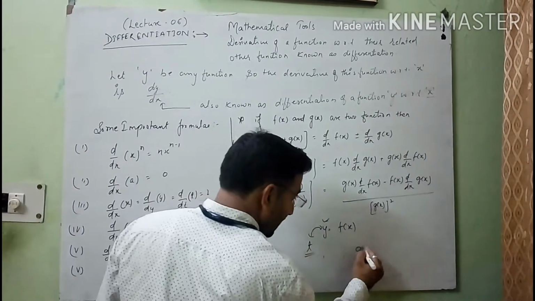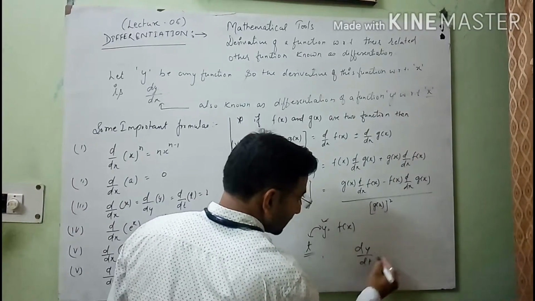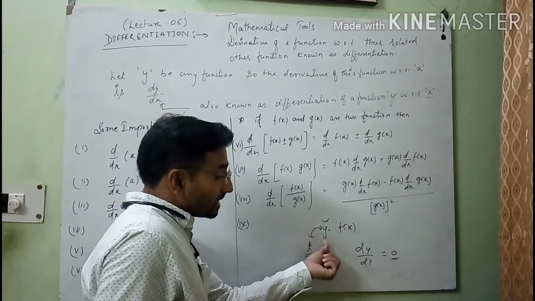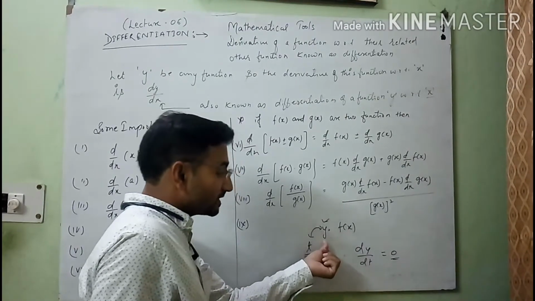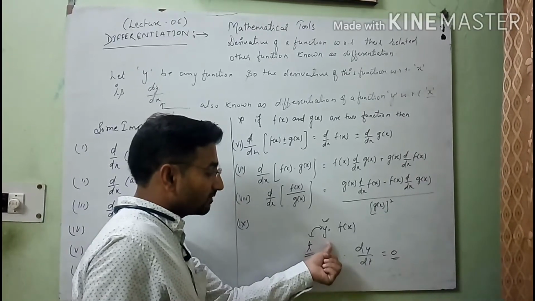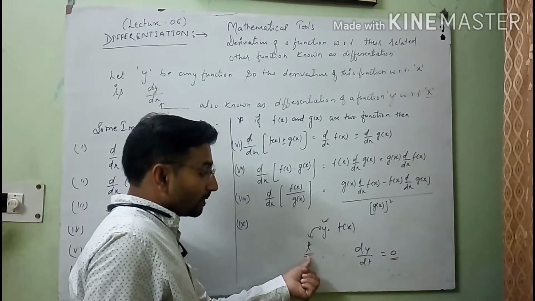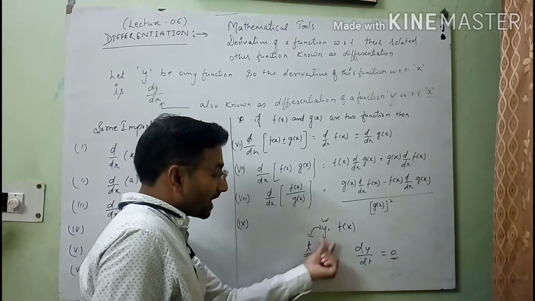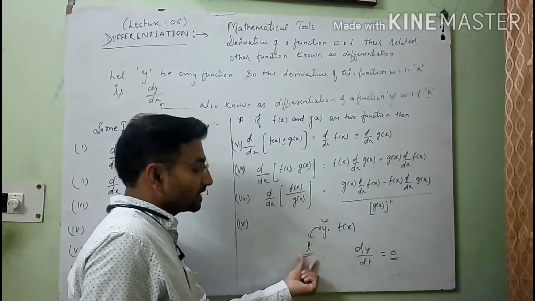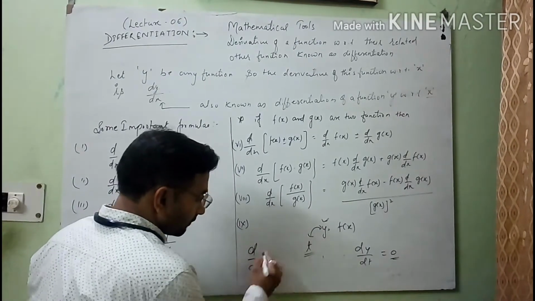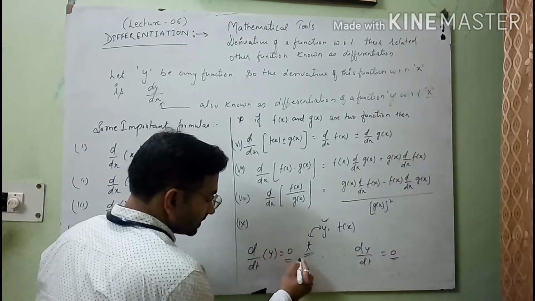So if I differentiate dy upon dt, the answer will be 0, because y is a function of x and not of t. That means y behaves like a constant with respect to t. When we take the derivative with respect to t of the function y, the answer will be 0.